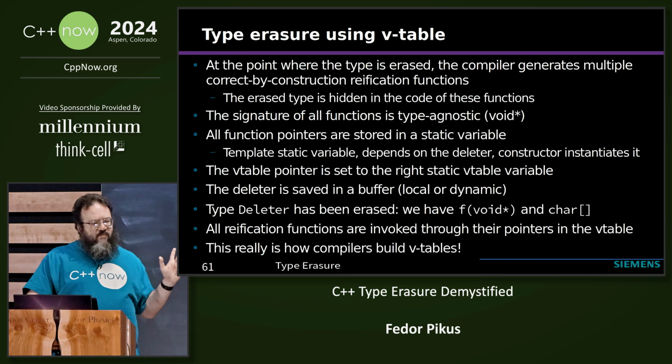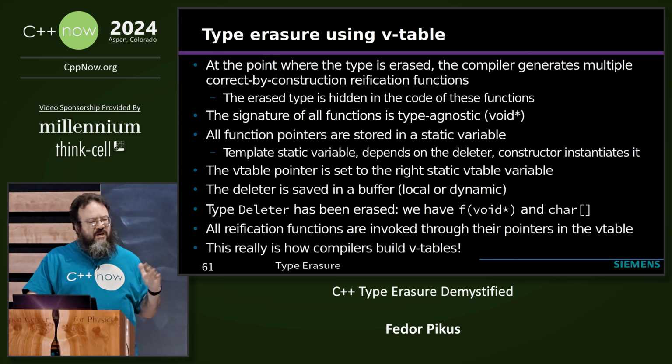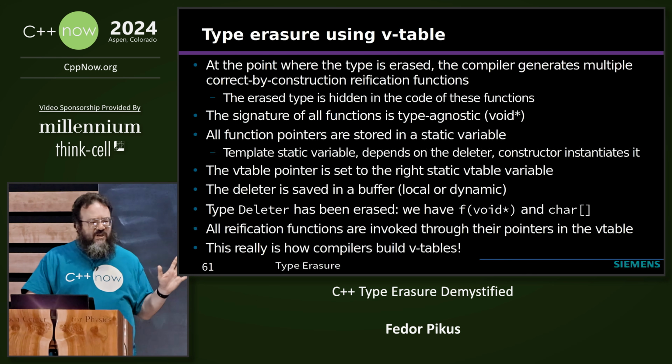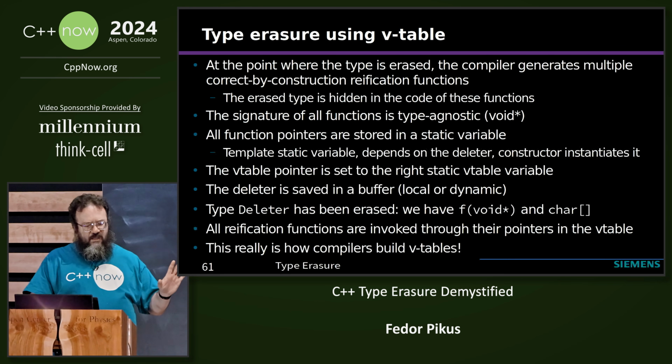The vtable pointer of my object points to the correct instance of that template. If the deleter is stateful, or if I simply didn't optimize for stateless deleters, it's saved in a local or dynamically allocated buffer, and from this point forward, the deleter type is gone. It's not visible anywhere in the code, has been erased.